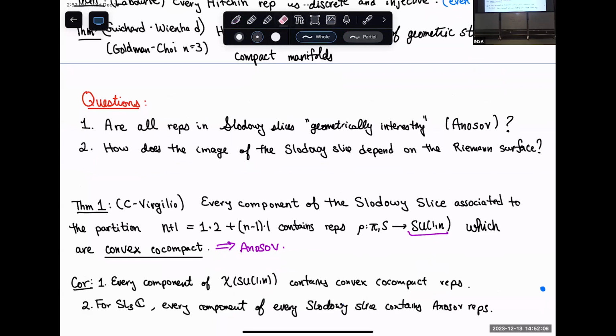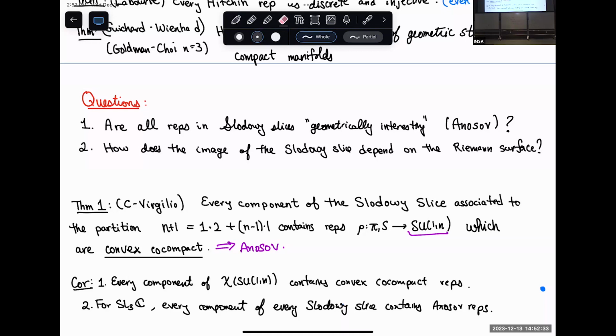It turns out, from what I'll tell you about what the SU(1,n) locus of this Slodowy slice is, that every component of the SU(1,n) character variety contains Anosov representations, or convex cocompact representations. And for SL3C, we just saw there were only 2 nilpotents: the principal one, and then this one, 3 = 2+1.